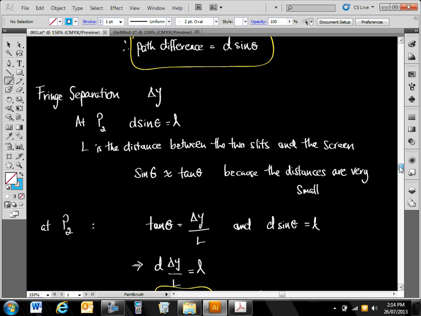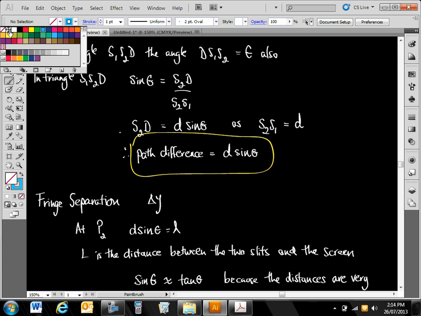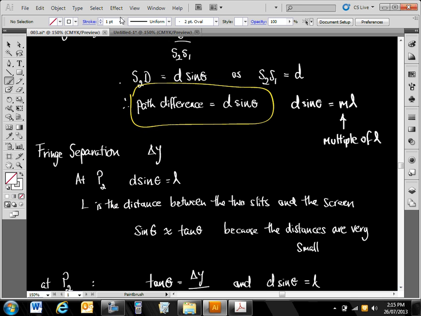I'll note also, I've said the path difference is equal to d sine theta. Another way to write that is d sine theta, the path difference, is equal to m lambda, where m is some multiple of the wavelength. It could be 1, 2, 3, 4, or in the calculations that we're going to do, it could be 0.5, 1.5, 2.5, 3.5.